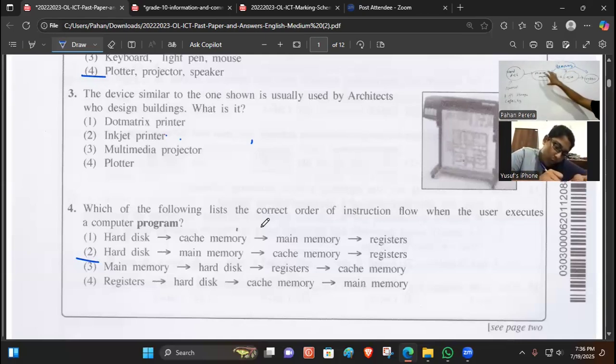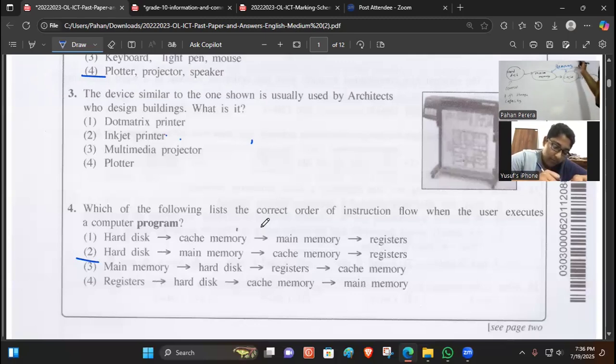Volatile memory means once we turn off the computer, or once the program or process is finished, data will be removed from the main memory, cache memory, and register. Therefore, we name this temporary memory, or the technical word is volatile storage.